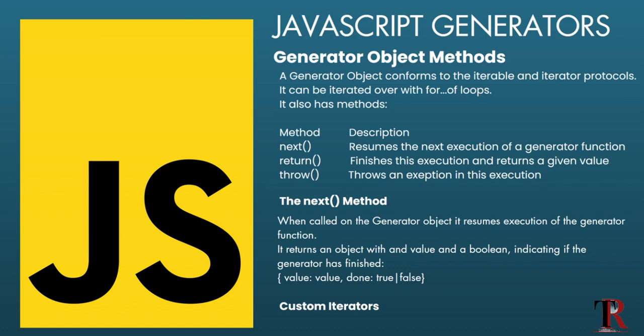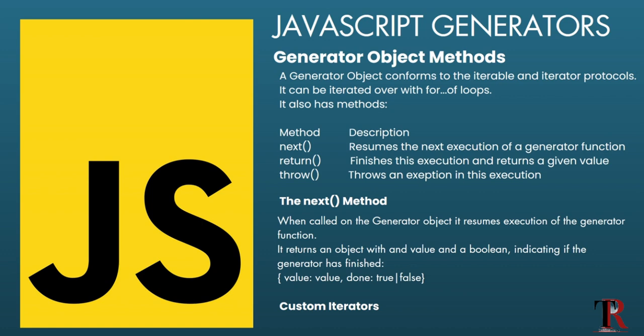Now, the first one we're going to be talking about is the next method. When the next method is called on the generator object, it resumes execution of the generator function, and it returns an object with a value and a boolean indicating if the generator has finished.